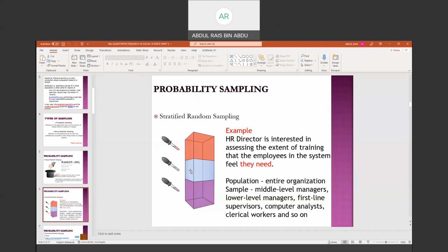So, setiap peringkat tu perlu ada parameters of information yang berbeza untuk dinilai. Okay. That's how strata sampling is being done, and based on the example of hierarchy position in the restaurant, setiap peringkat employees tu dinilai cara berbeza tentang training yang diorang lalui.